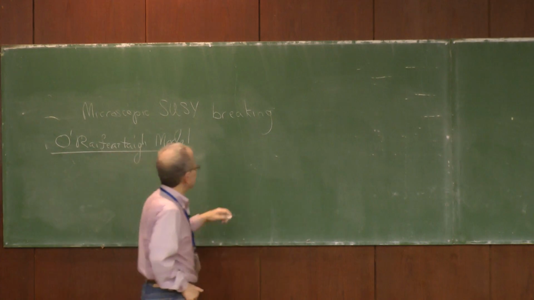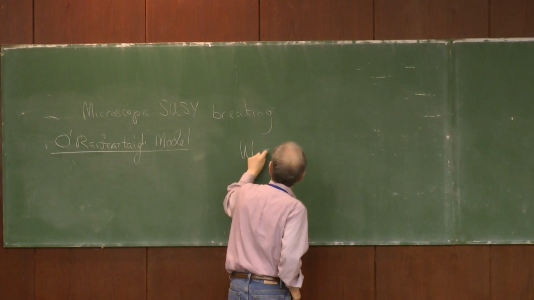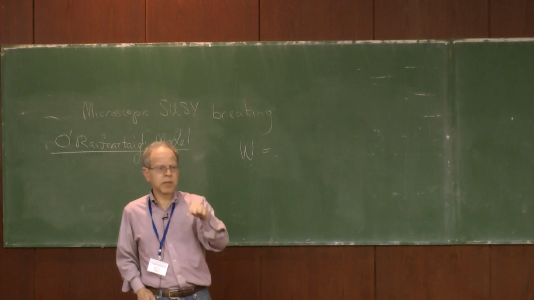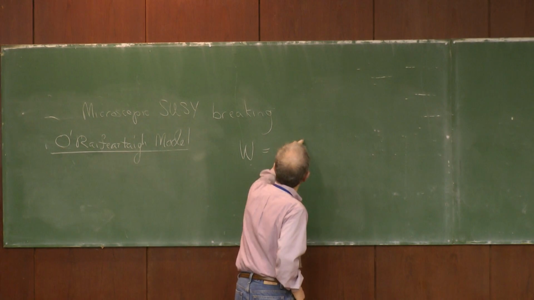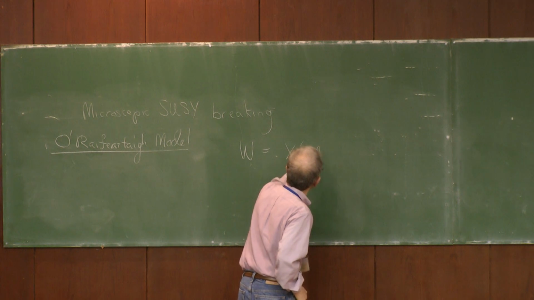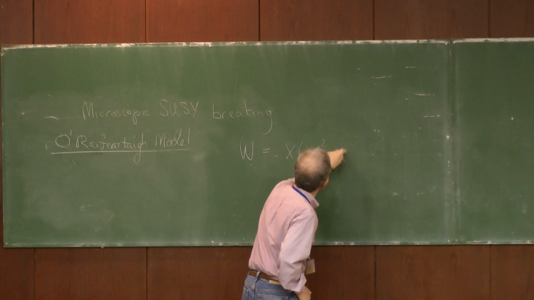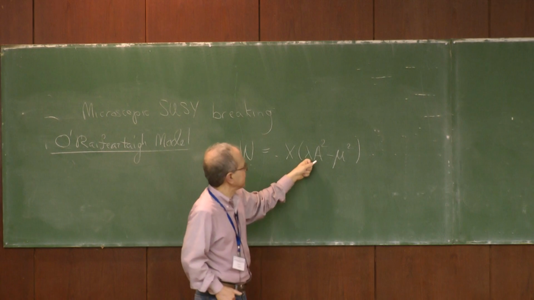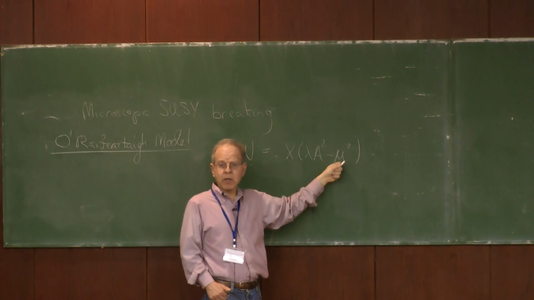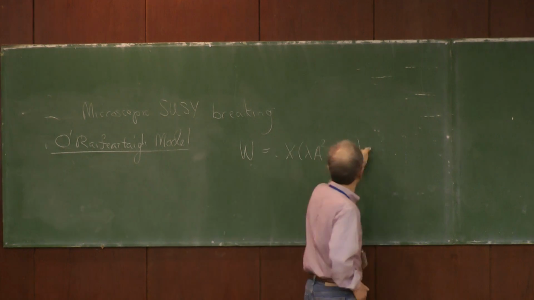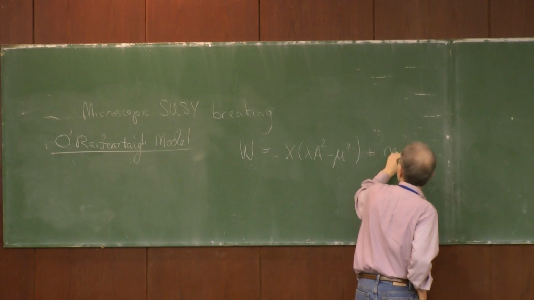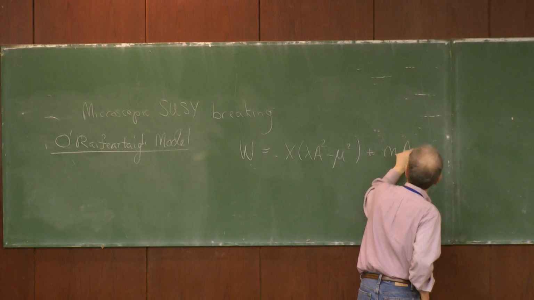The model looks as follows. It just has chiral fields, no gauge fields. It has a coupling: a field X times lambda A squared minus mu squared. Here A is a field, lambda is a coupling constant, mu squared is a parameter with dimensions of mass squared, plus some other mass parameter m, times A Y.